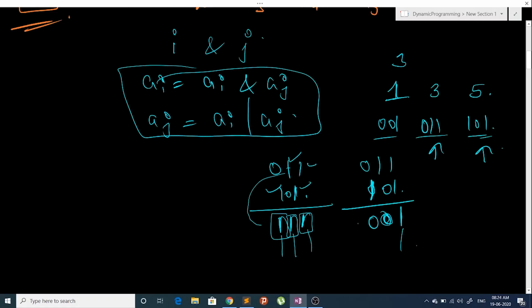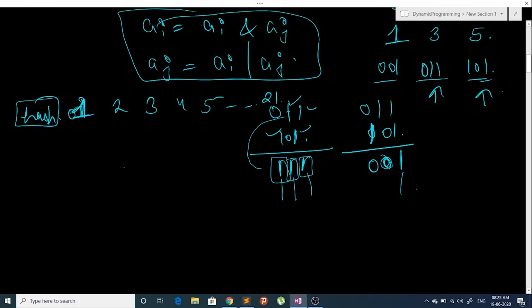So how can I solve this problem? What I'll do is make a hash array, and in this array I will store the number of bits for each position: 0, 1, 2, 3, 4 up to 21.